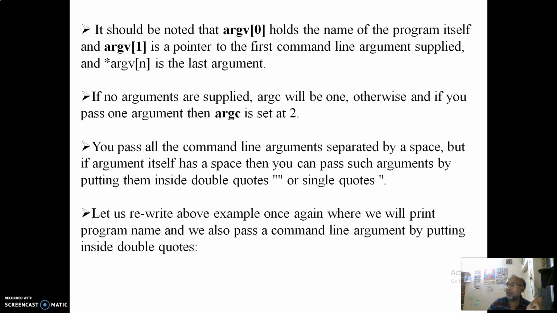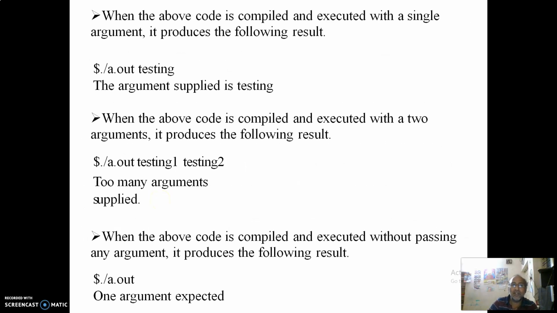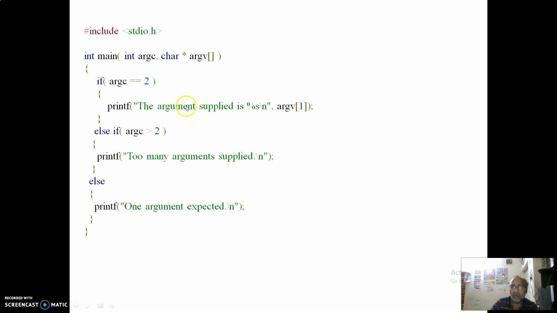It should be noted that argv[0] holds the name of the program itself. Now, when you observe a.out testing, the argument supplied is testing. That means it is the 2 argv; argv[0] contains the program name.